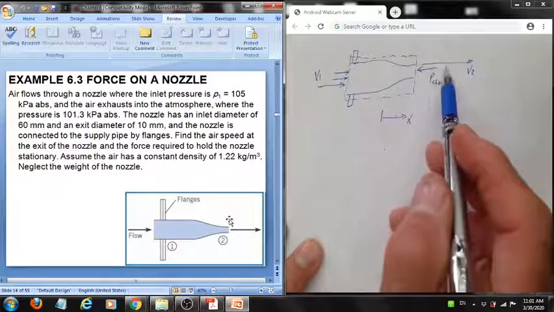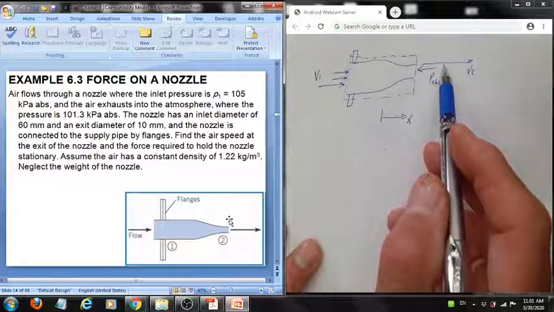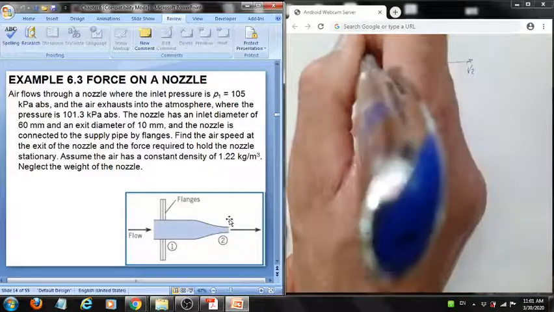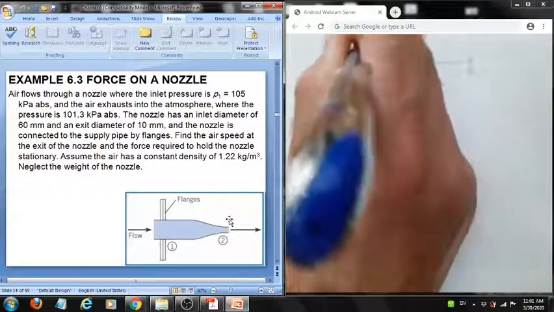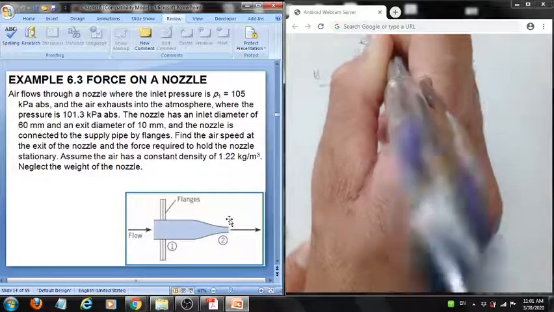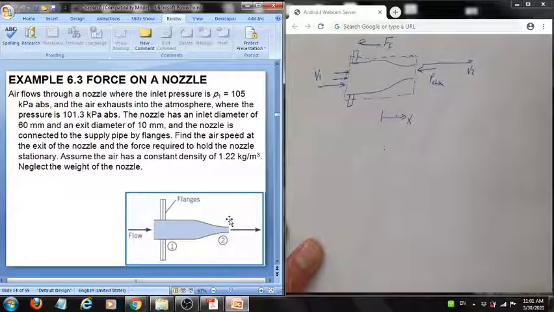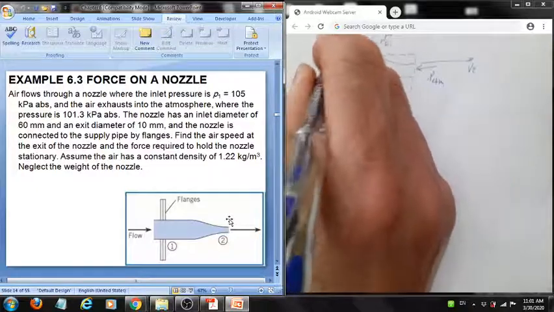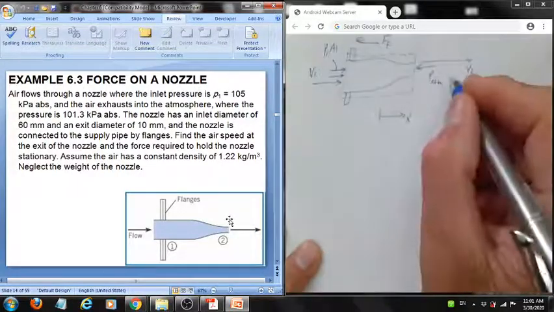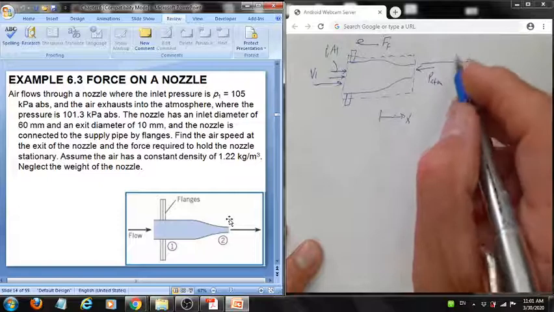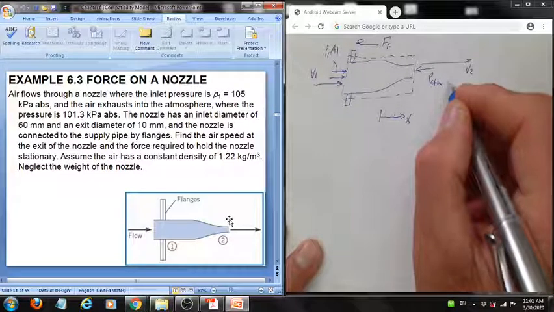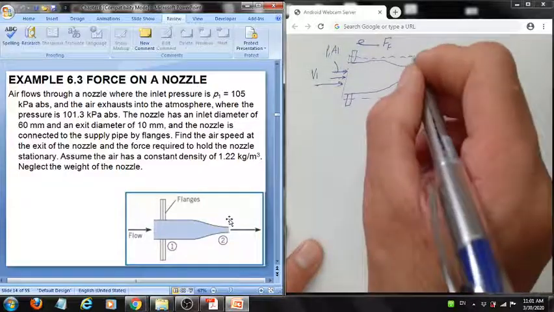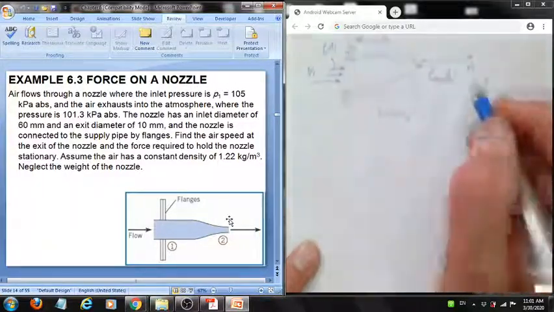Mass enters and mass leaves, and we have the forces acting on it mainly in the x direction, which is the force of the flange to hold it stationary, in addition to the pressure forces given as P1A1 here, and P2A2, which, as we drew it, A2 is equal to A1.